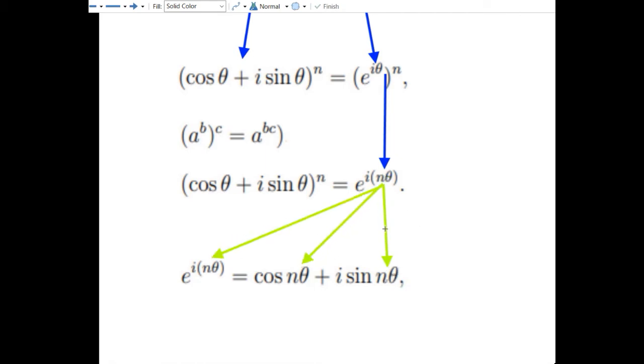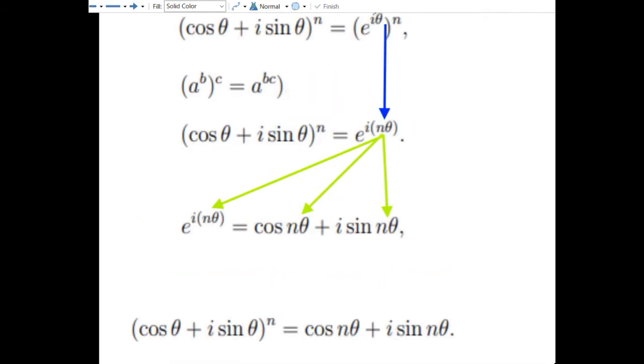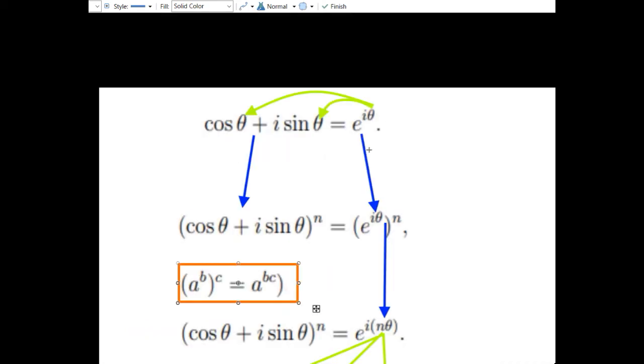Now, one last thing we can consider is, again, utilizing this rule that (ab)c is equal to a(bc). So when there is a bracket, whatever is outside the bracket can be switched with whatever is in. Hence, I can say that this is the same as e to the niθ. This is the same as niθ, and e to the iθ is cos θ plus i sin θ.